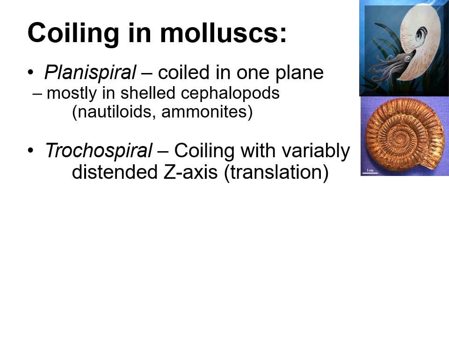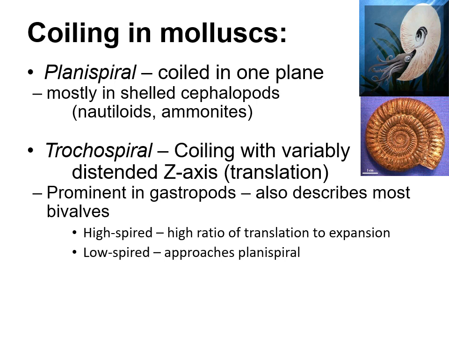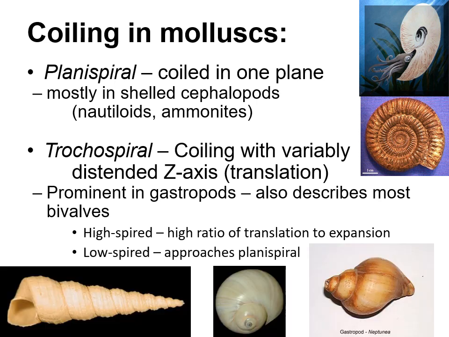Trochospiraling is another form of coiling in mollusks. In this case, you're coiling over, but then there's a z-axis translation, so the coiling ends up kind of zipping off to the side. And this is what we see with gastropods and actually with some bivalves that do coil. However, in this case, we have different ways of describing the trochospiral coiling. It can be a high ratio of translation, or it can approach planispiral. For example, our type of gastropod here, the Turritella, would be a high ratio of translation to expansion.